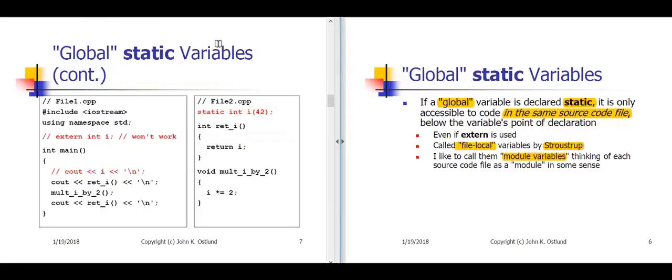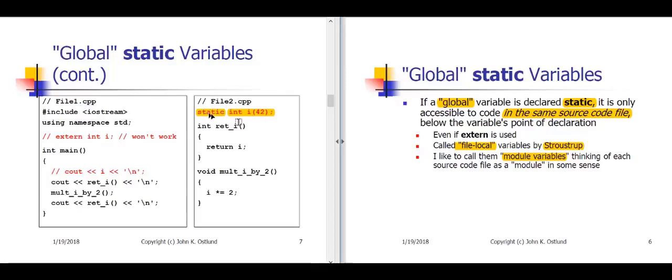And here on slide 7, we have a brief example. Notice in file2.cpp, we have an int I variable initialized with 42.